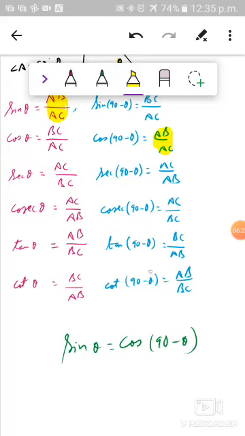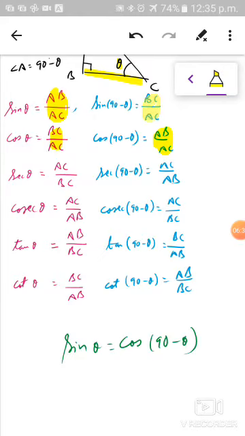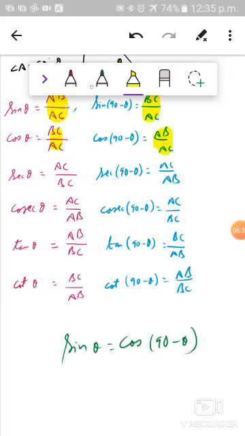Same like this, if you see BC by AC, BC by AC, so what can I write? I can write cos theta is equal to sine 90 minus theta. So these are complementary of each other, sine and cos, right?